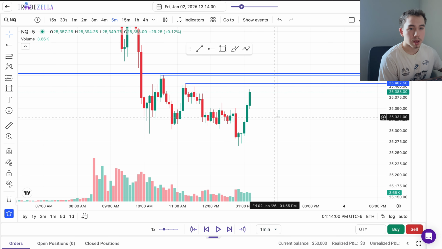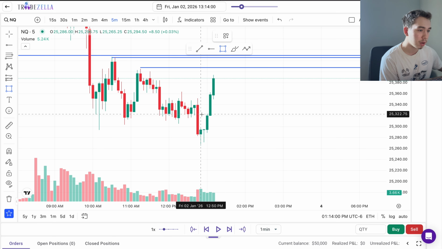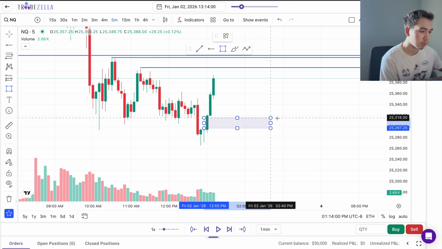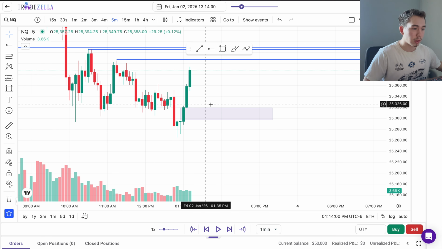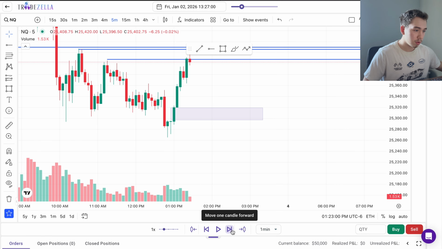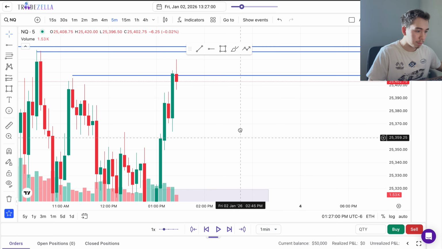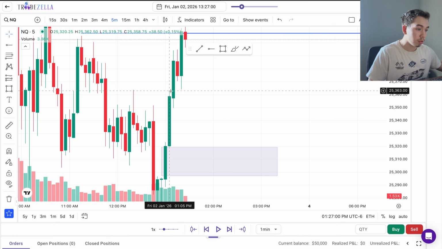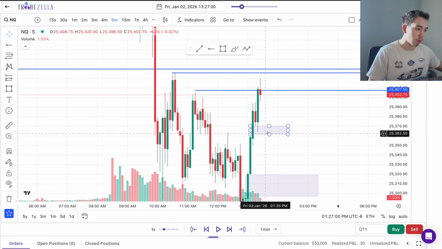But most of the time you're going to have targets, even if it's just this 5-minute fair value gap we have right there. This is saying we have resting orders and we may want to come down to it. Or we probably won't come down to it now, because look, we caught our retrace into this 5-minute fair value gap, and that just pushed us up higher.